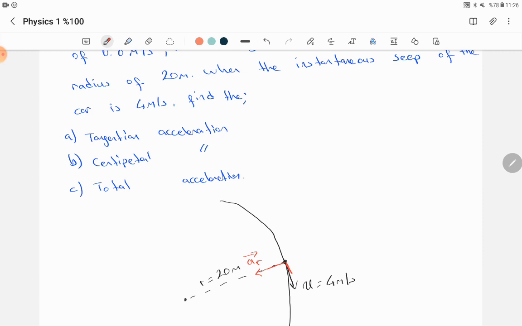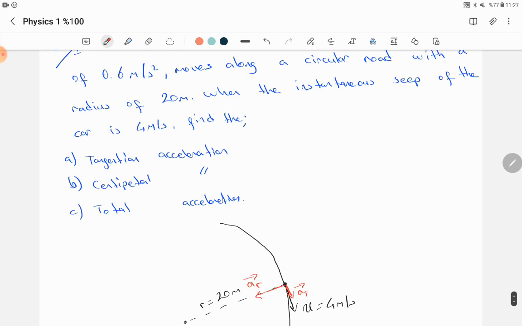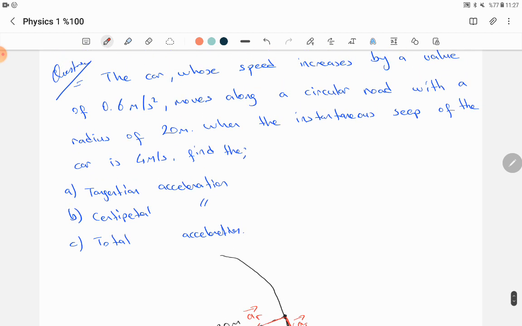The other acceleration is in the same direction as the linear velocity, named the tangential acceleration, shown as AT. That is our tangential acceleration value, 0.6 meter per second squared.